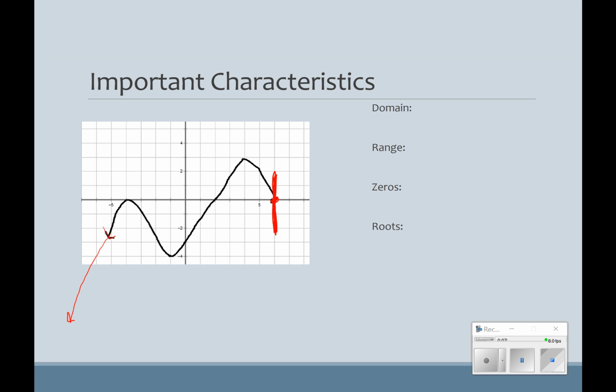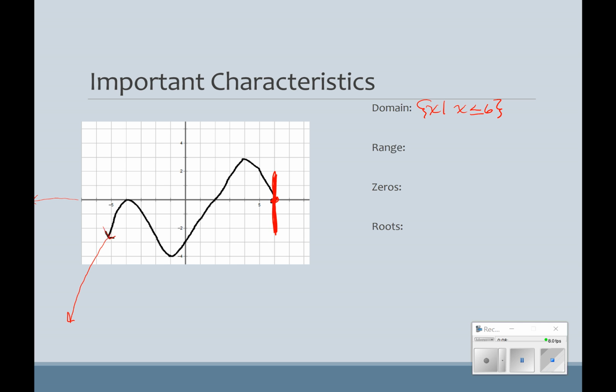My largest x value is 6, but this graph is going to continue on and on and on, and it's going to keep extending out here, and we don't know where it's going to end. So we say it goes to infinity. So my domain in this case is either going to be x such that x is less than or equal to 6. Okay, because it's going to go on forever and ever in that negative direction.